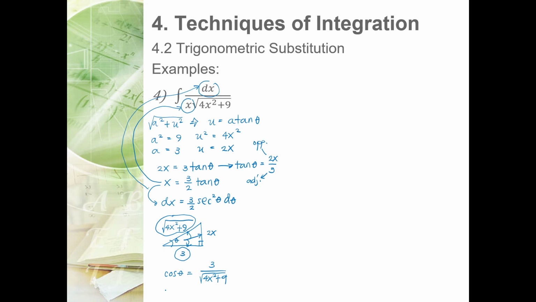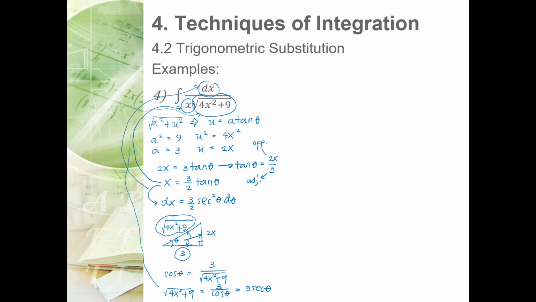So this becomes the square root of 4x squared plus 9 is equal to 3 all over cosine theta, which can also be represented by 3 secant theta. So this term here can be replaced by 3 secant theta.